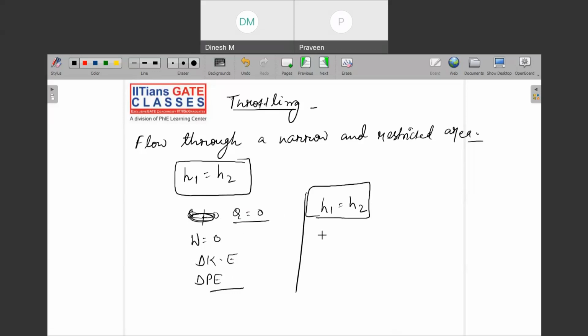Then this is also called what? Isenthalpic. So there can be a question in the exam, where they ask what the isenthalpic process is also called, and you need to remember that it is called throttling.